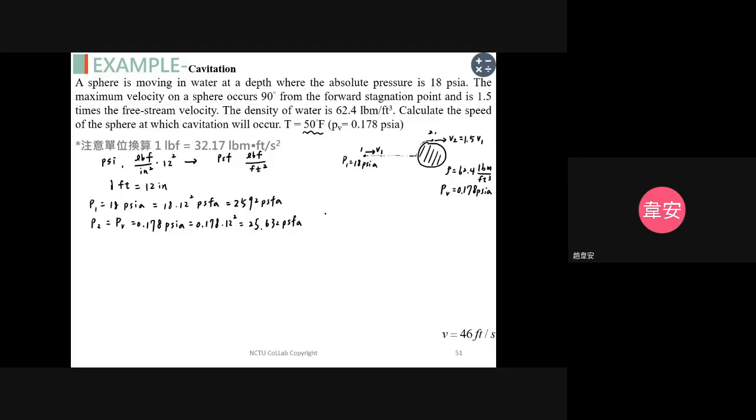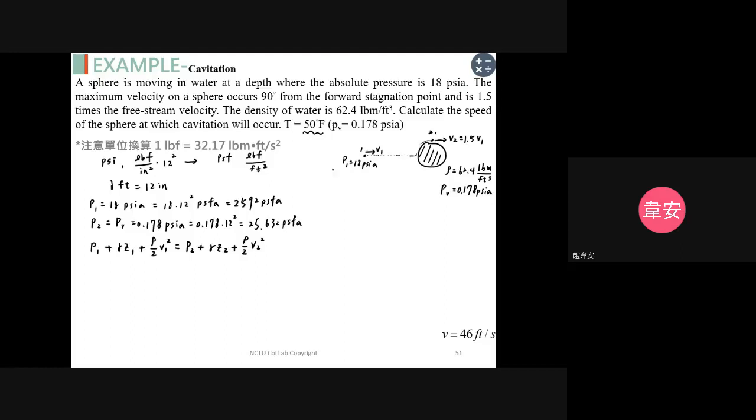So based on the Bernoulli equation, the pressure P1 plus gamma Z1, where Z1 is the elevation for location 1, plus 1/2 rho V1 squared, is equal to P2 plus gamma Z2, where Z2 is the elevation on the top of the sphere, plus 1/2 rho V2 squared.